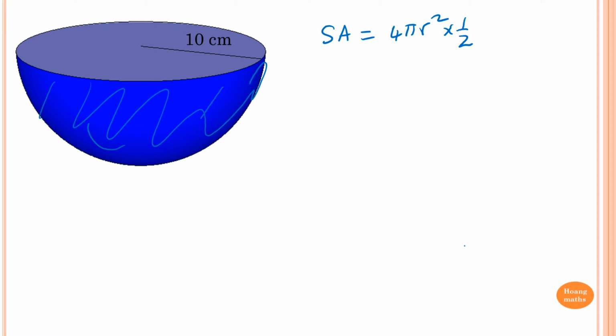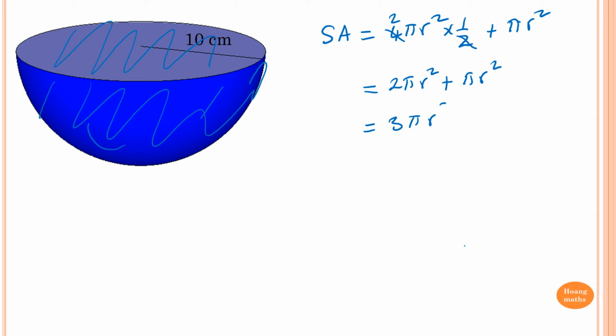But then we need to add this on top as well. The top is pi r squared. It's a circle, so pi r squared. So we can simplify this. Half of 4 is 2. So which is 2 pi r squared plus pi r squared. So we can add them up, which is 3 pi r squared.